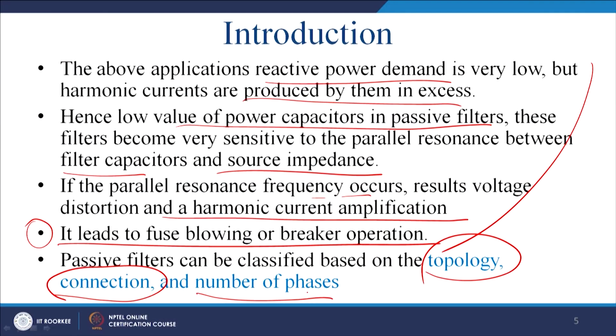And the connections, it can be shunt and series. And the number of phases, it can be 3 phase, it can be single phase, it can be a star combination for 3 phase, it can be a delta combination in 3 phase. There can be a T connection, there can be a pi connection. These are the topological aspects of the passive filters.